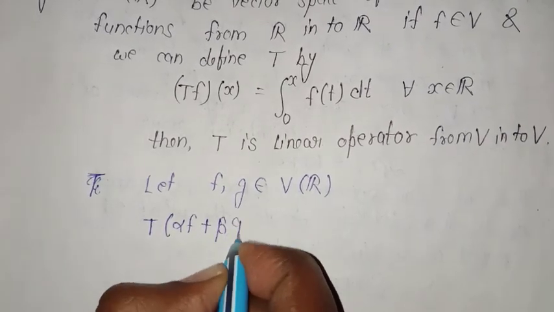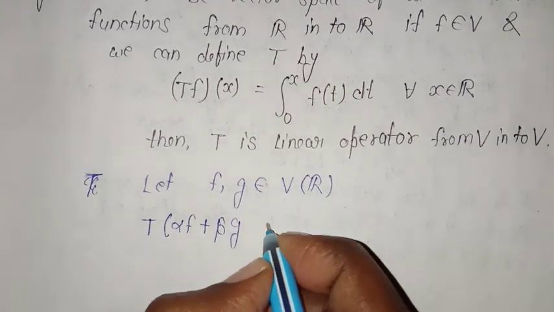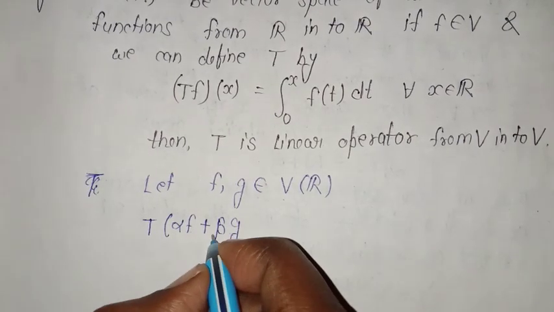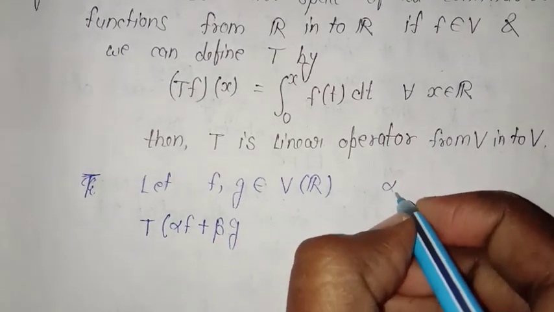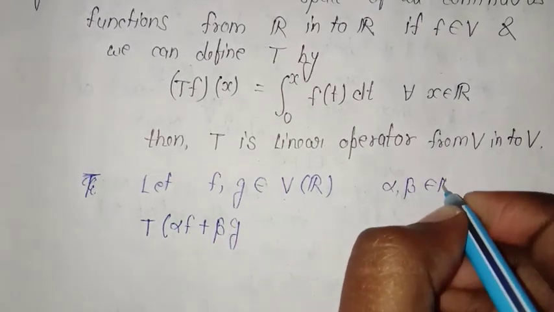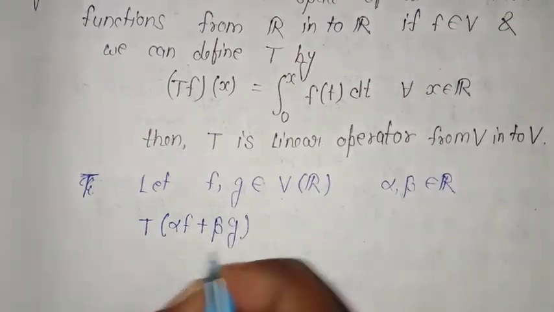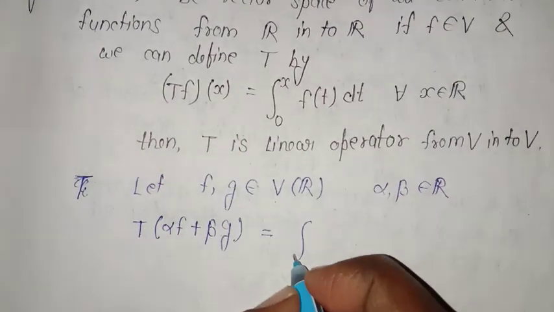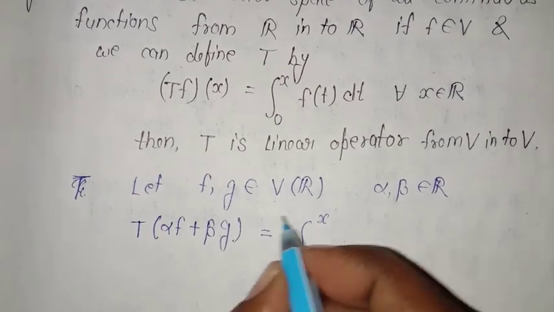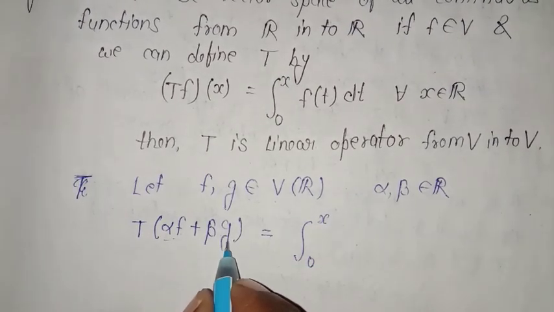This time f and g are coming from the vector space V, and alpha and beta are elements of the field R, that is, alpha, beta belong to R. Now, if we apply the definition given in the example, this becomes the integral from 0 to x.